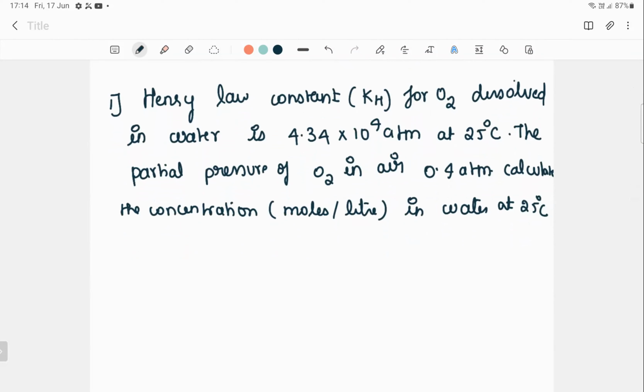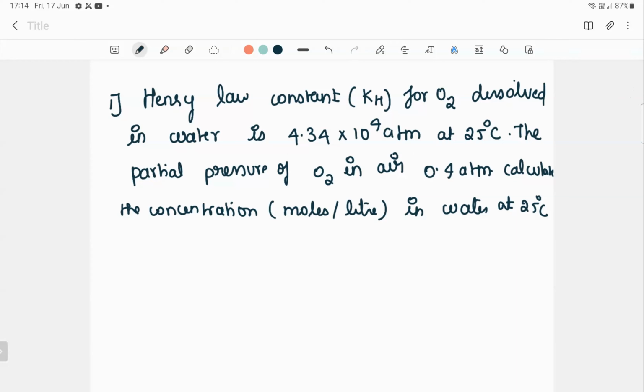First one, they have given the Henry law constant. Partial pressure. Again, see, Henry law is nothing but gas in liquid. So oxygen in liquid. So 1 liter. You can understand, Henry law only speaks about gas in liquid.